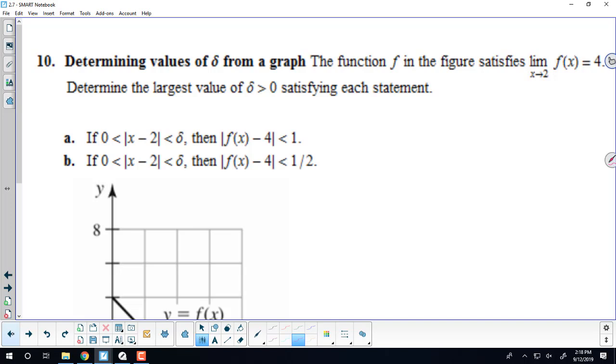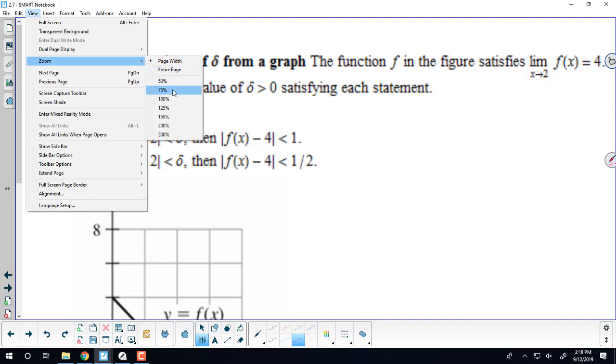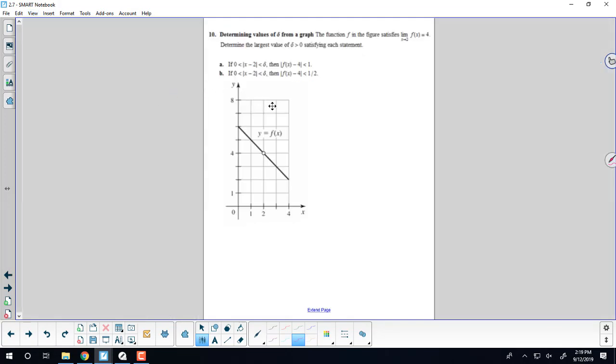Not an extra one. I'm doing 10 and 11. 10 and 11, yeah.